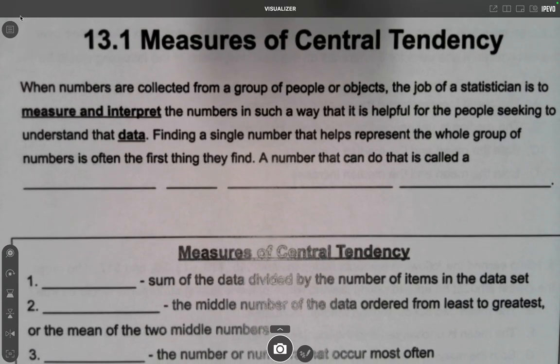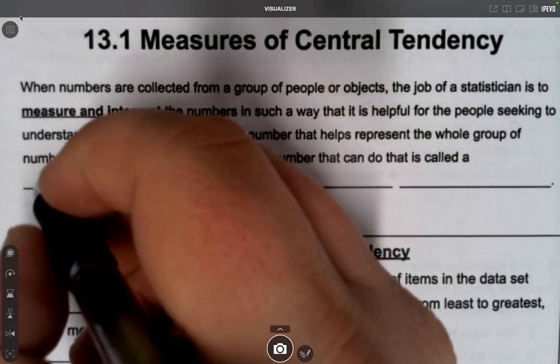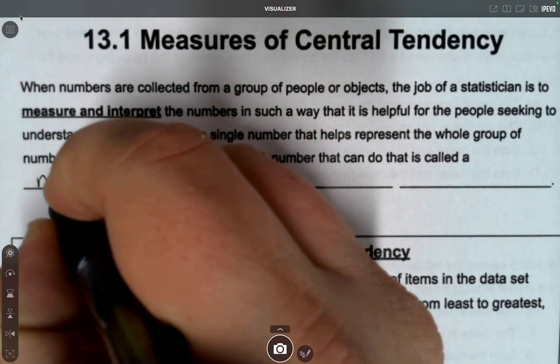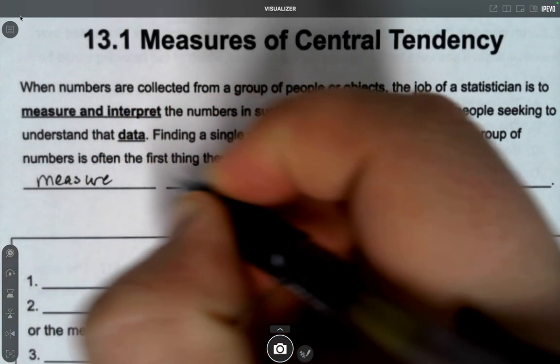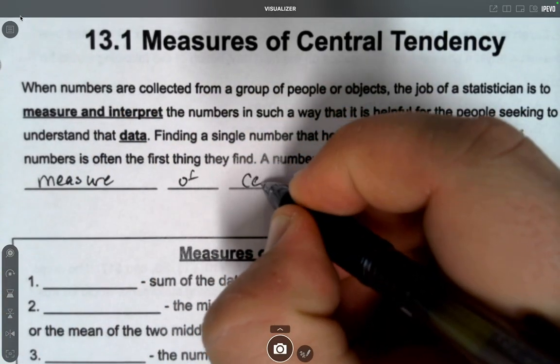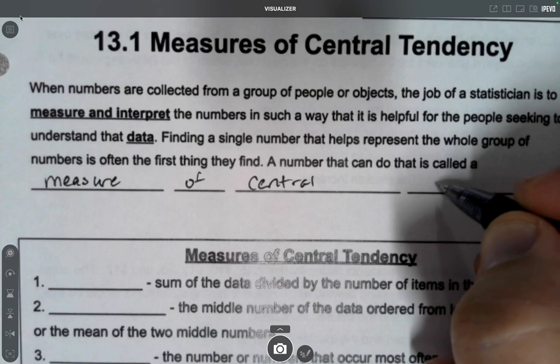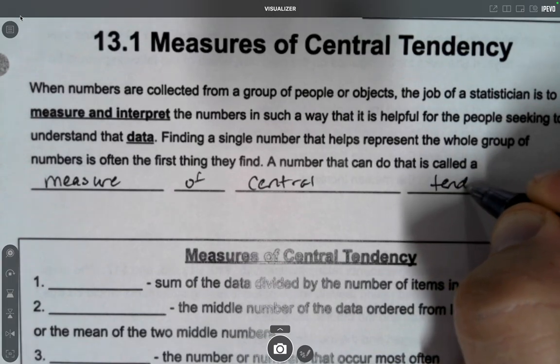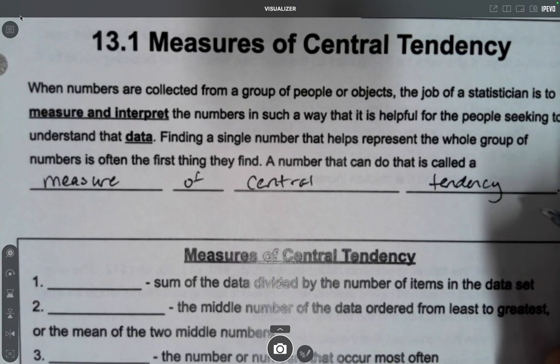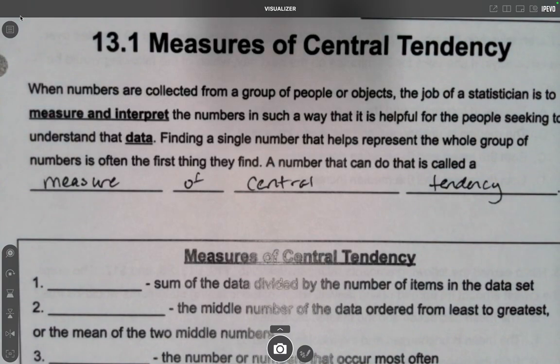Now, finding a single number that helps represent the whole group of numbers is often the first thing they find. A number that can do that is called a measure of central tendency. I think in our algebra book it just calls them measures of center. Same idea here, measures of central tendency.